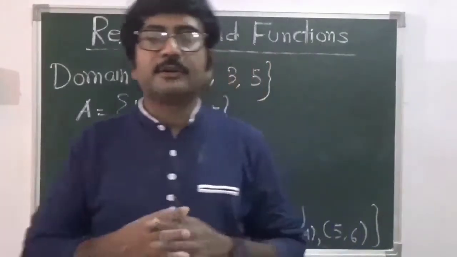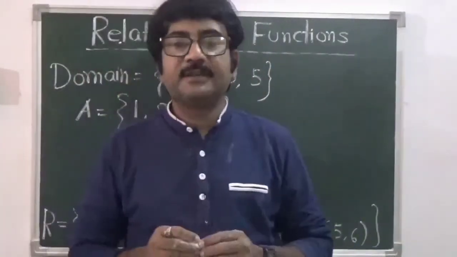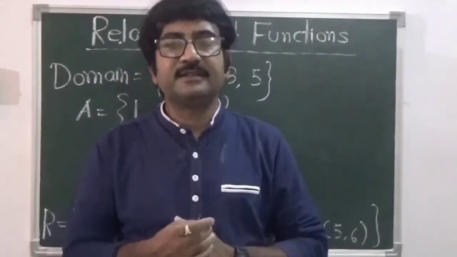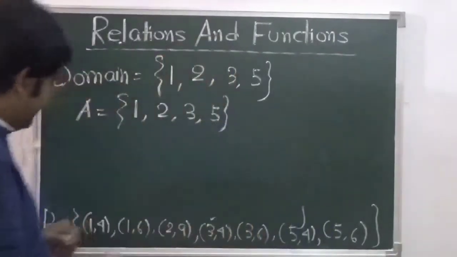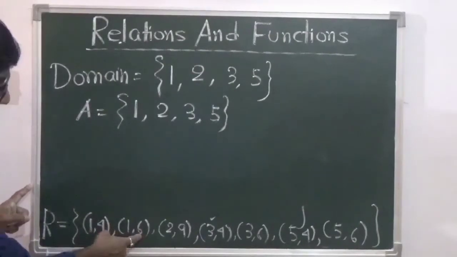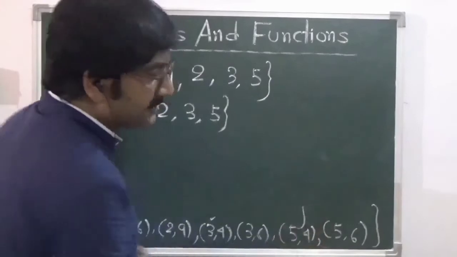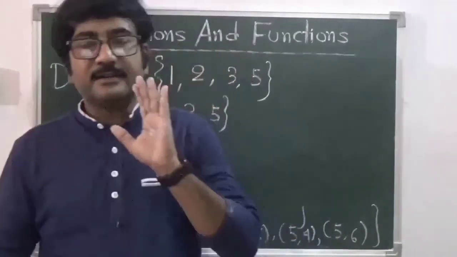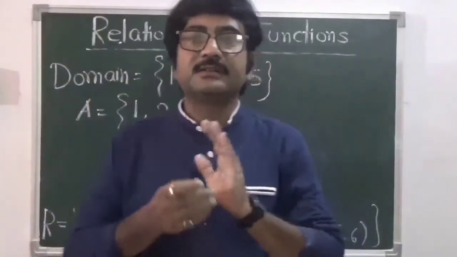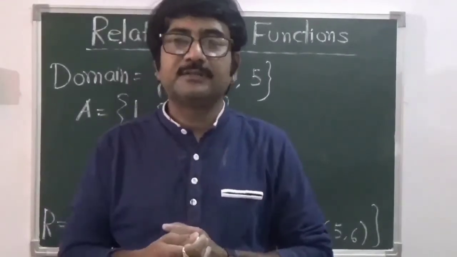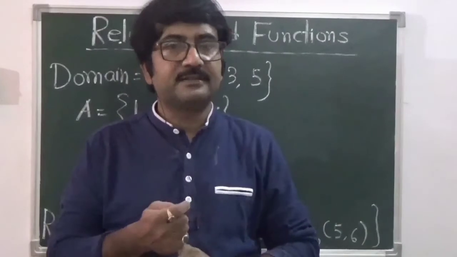Moving on, talking of the range, it is the set of all the second elements in the ordered pairs. That is 4, 6, 9, 4, 6, 4, 6. So the set of all the second elements in the ordered pairs here is 4, 6, 9; a repeated element will be taken only once, right?